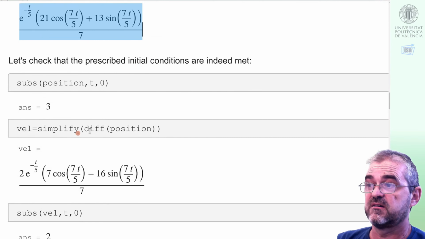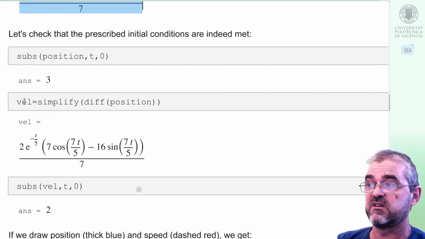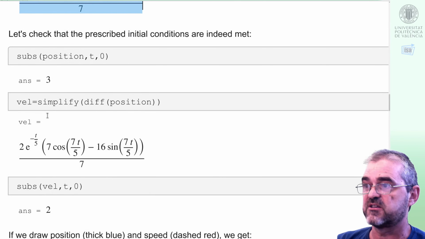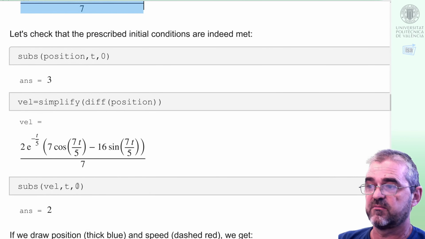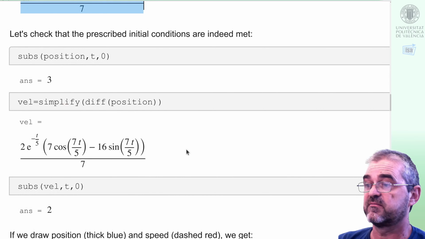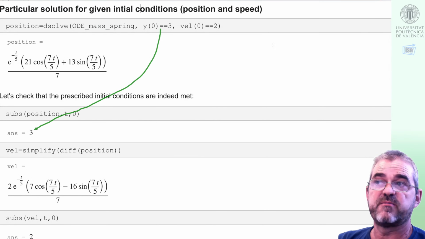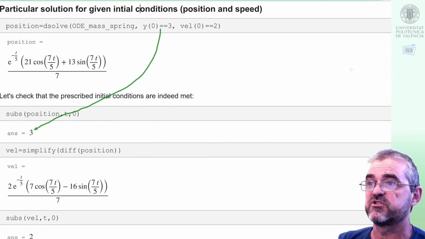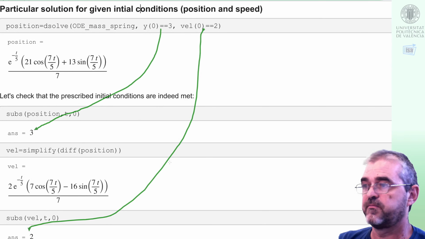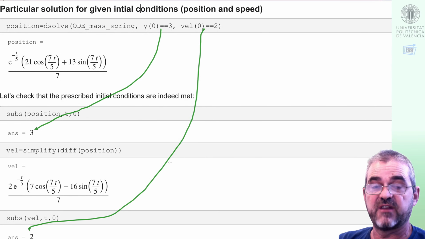And if I take the derivatives of the position, this would be the speed. And of course, if I substitute in this velocity time by the number 0, then I get 2 as required. In my problem statement, here we have position, and here we have velocity.